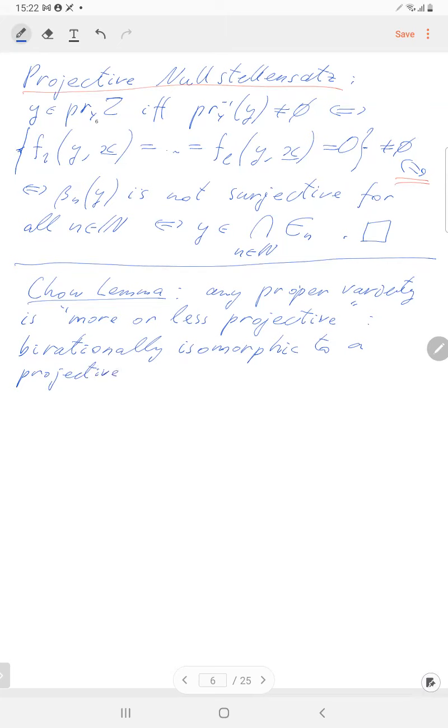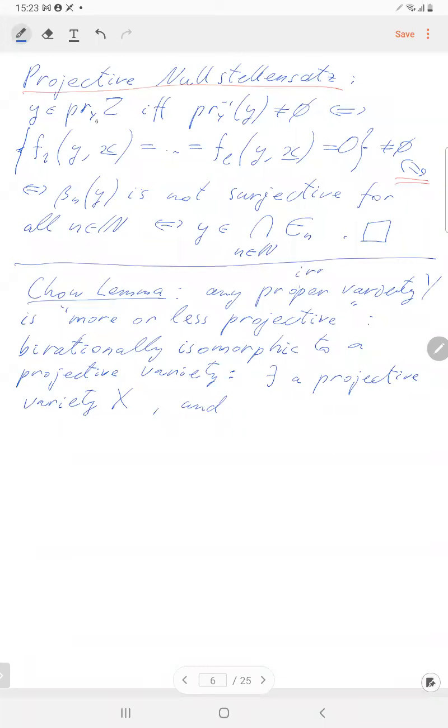Oops, sorry. And what does this mean? It means that, say, let's call it Y, this Y, and there is a projective variety X, and maybe again, let's assume that everything is irreducible here.